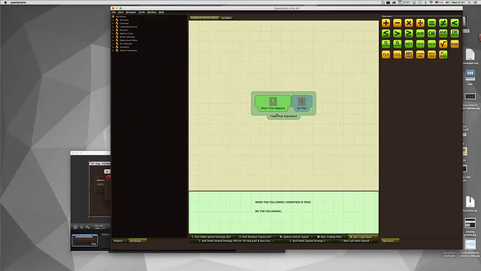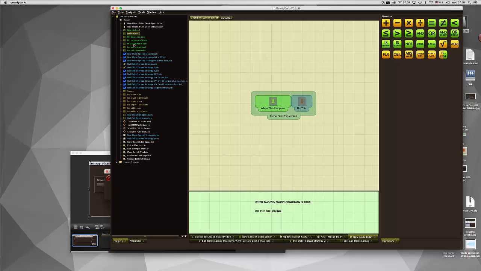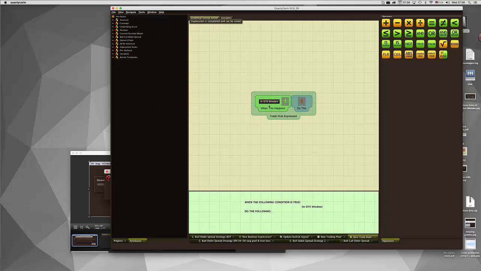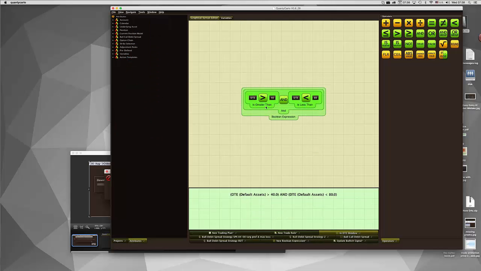A trade rule basically says when this happens, do this. So what is it that we want to happen? Well, in this particular case, whenever we are in the DTE window, this is an expression that I've already defined.